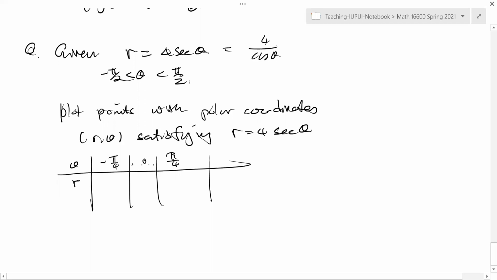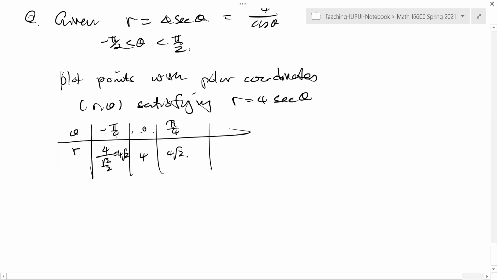So cosine of negative pi over 4 is square root of 2 over 2, so r is actually 4 square root of 2. At theta equals 0, r is 4. At theta equals pi over 4, this is also 4 square root of 2. Both are positive. So you get something, but that's not enough. You really cannot sketch it graphically this way.